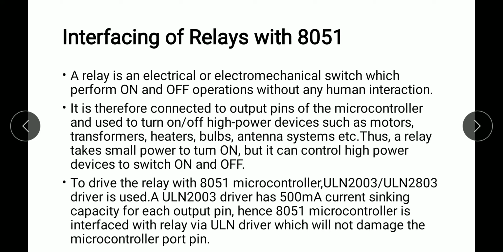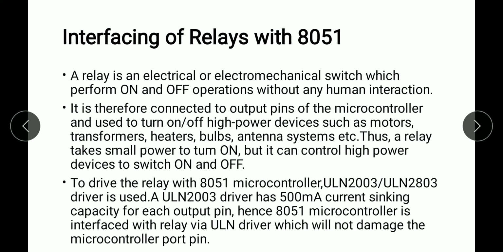It is connected to the output pins of the microcontroller and used to turn on and off high power devices such as motors, transformers, heaters, bulbs, antenna systems, etc. Thus, a relay takes a small power to turn on, but it can control high power devices to switch on and off.